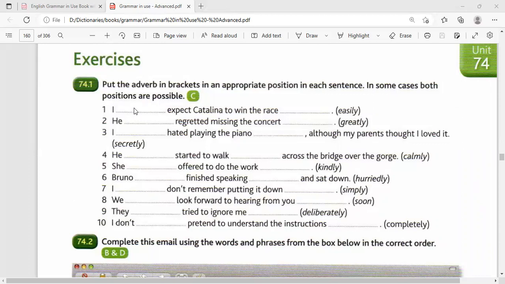I don't completely pretend to understand the instructions. We're going to use it at the end. I don't pretend to understand the instructions completely. Okay? So we're going to use it at the end.